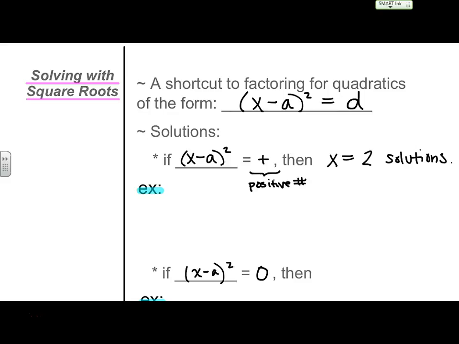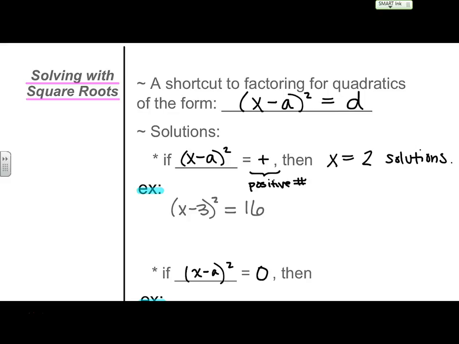X minus 3, quantity squared, equals, let's say, 16. Okay, here's our example. X minus 3 squared equals 16.